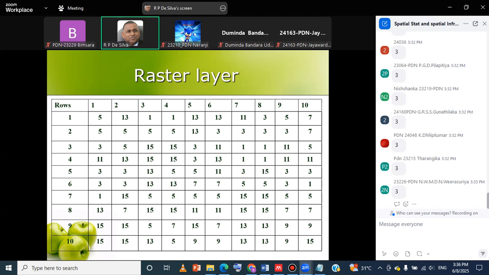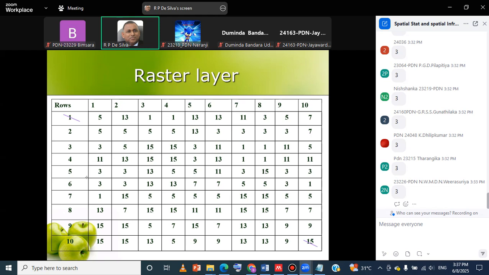Right? Now, if you look at this grid, a developer wants to put a pipeline from this cell to this cell, cell 1 to cell 10.